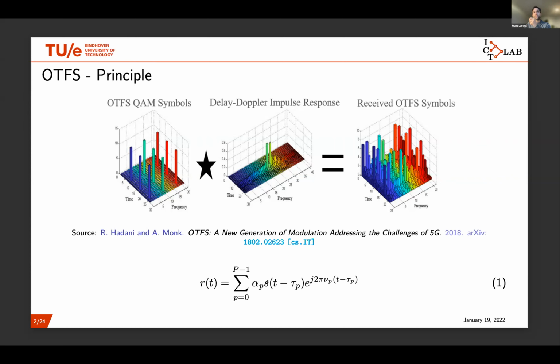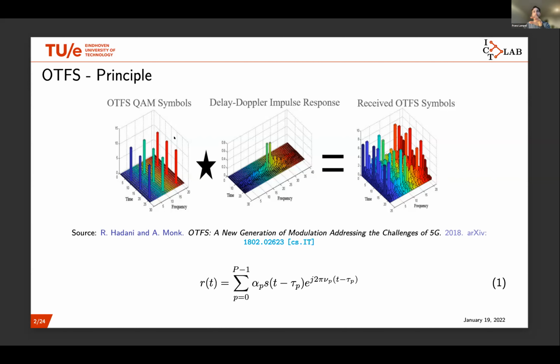And the big advantage of OTFS is that it turns a time variant channel, which would be experienced in OFDM, into a time invariant channel. So this means that all symbols placed in the delay Doppler domain experience the same channel. So for example, here we have some symbols placed in the delay Doppler domain. The channel interaction is then a two-dimensional convolution, and the receiver will see this inter-symbol interference in the delay Doppler domain.